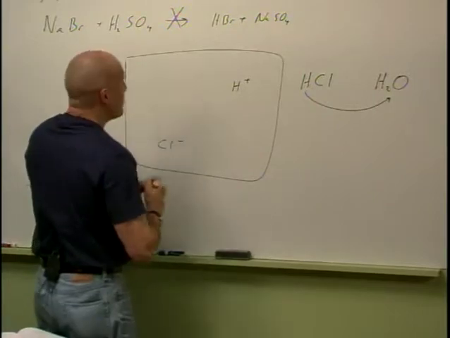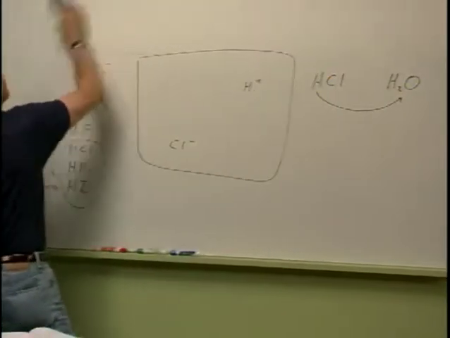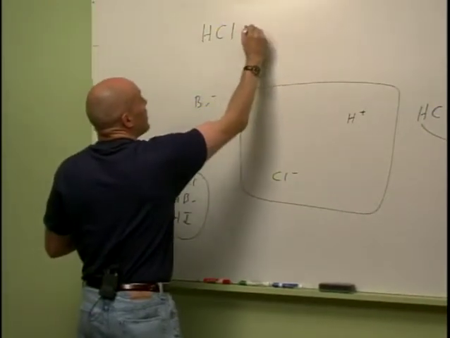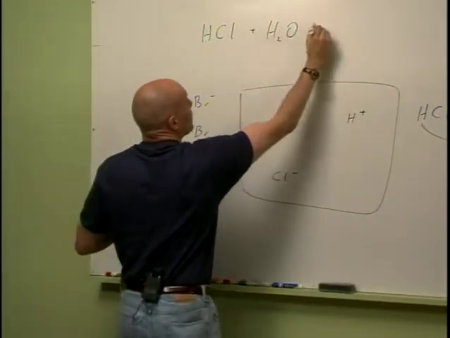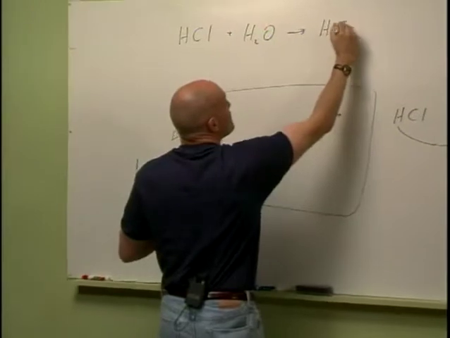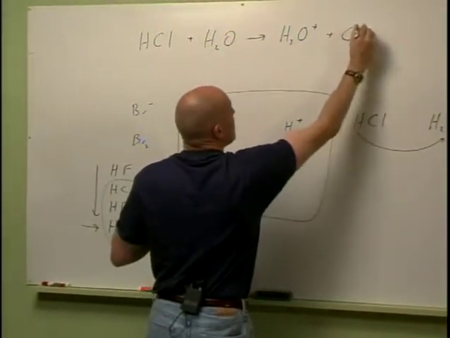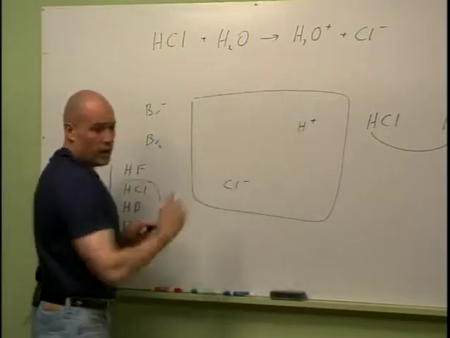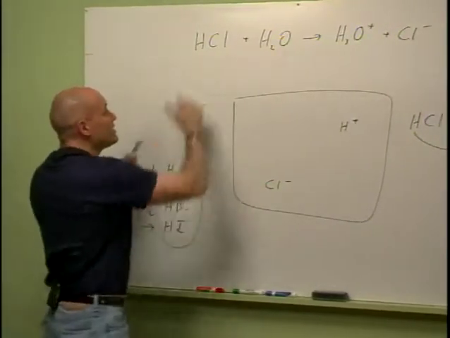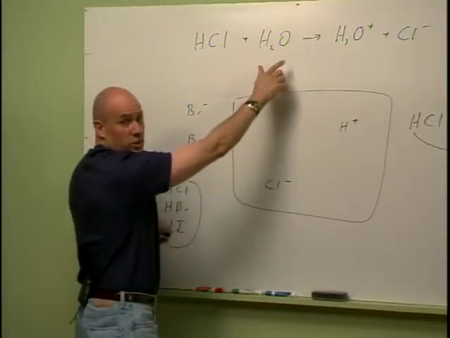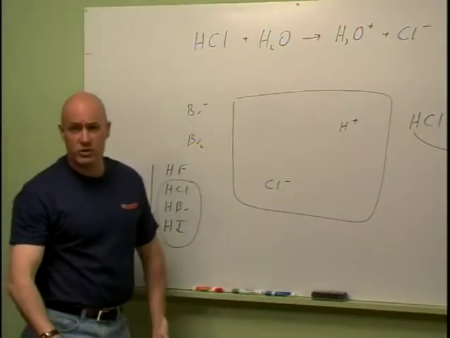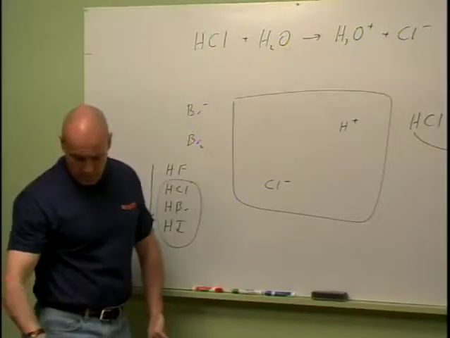In other words, HCl plus water goes to H3O plus Cl minus. So where is this proton going? It's going to the water. And that's what's happening. It's not HCl plus OH minus, an explosive reaction. It's plus the water. So the best answer choice here is answer choice C. 13 is C.